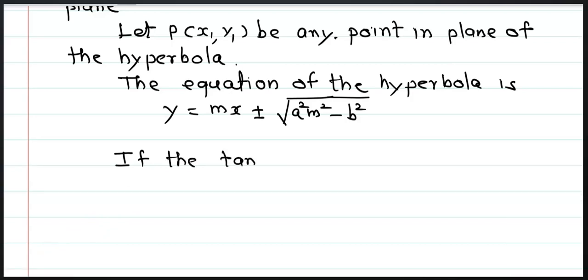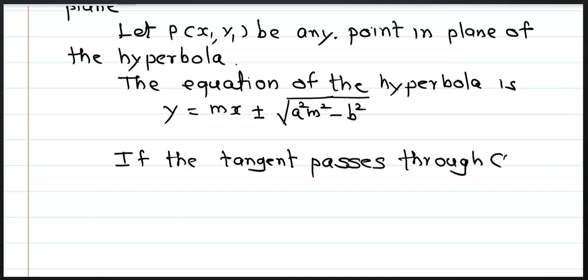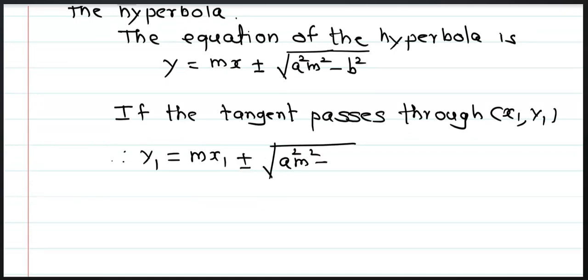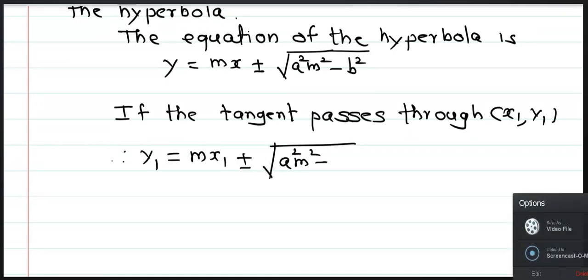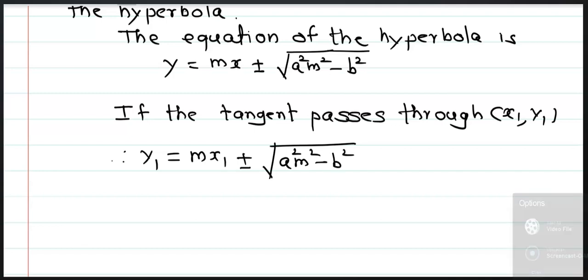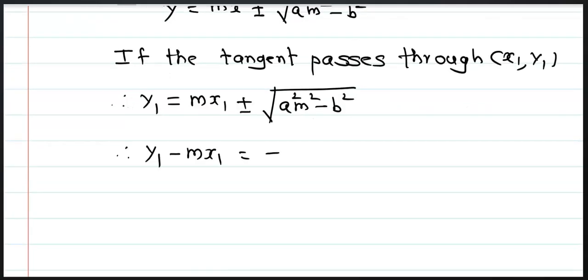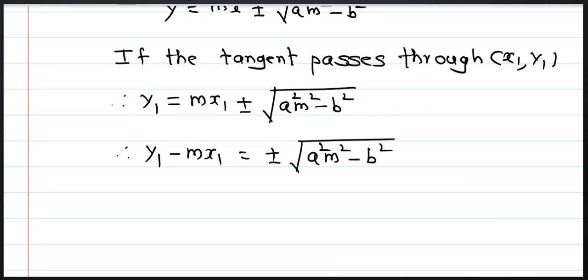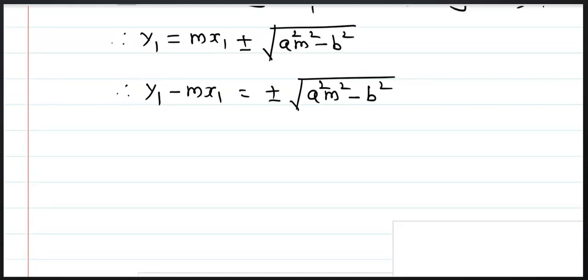If the tangent passes through (x1, y1), then y1 is equal to mx1 plus or minus the square root of a square m square minus b square, so y1 minus mx1 is equal to plus or minus the square root of a square m square minus b square.